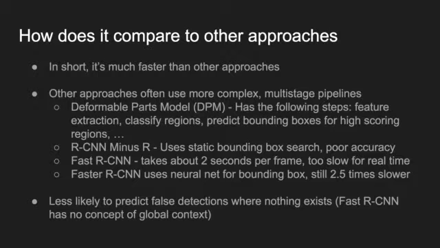And another faster version of that, called Faster R-CNN, was still relatively 2.5 times slower than the YOLO paper. Another point is that the reason we're comparing to the Fast R-CNNs is that this was, at the time, the best performing object classifier for video.